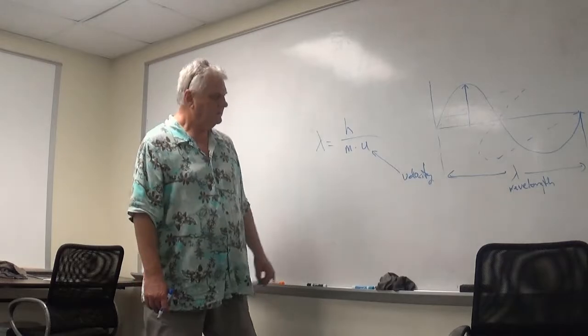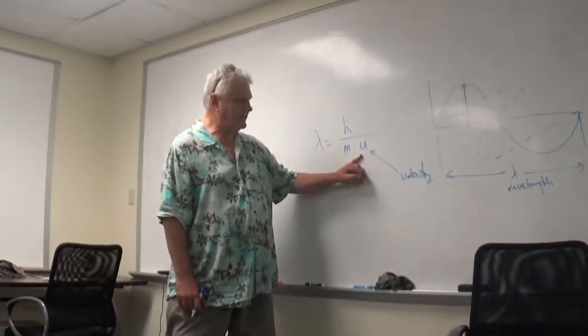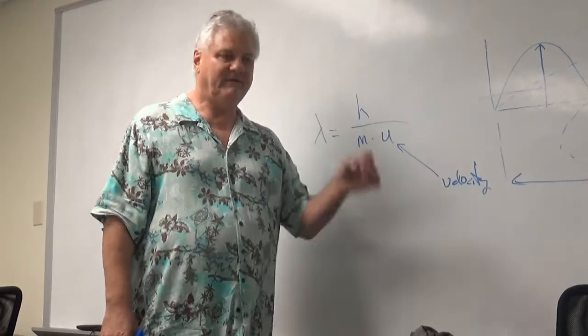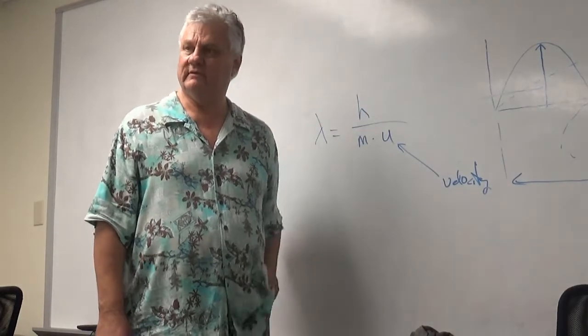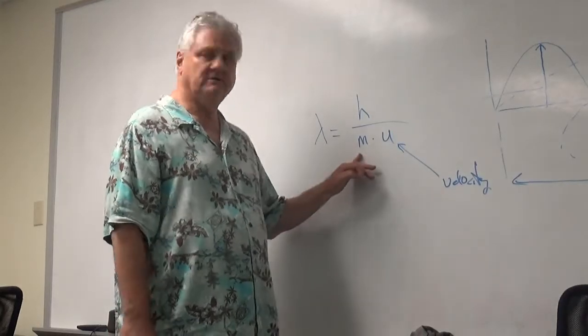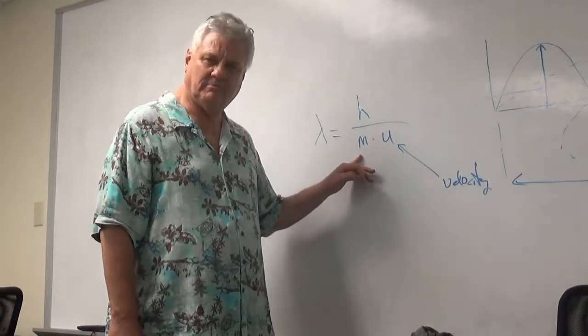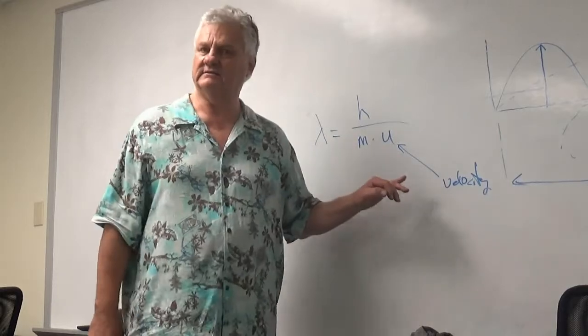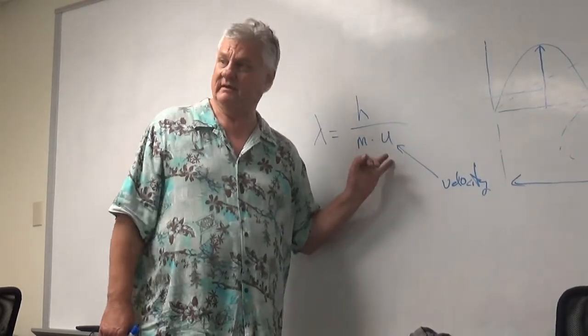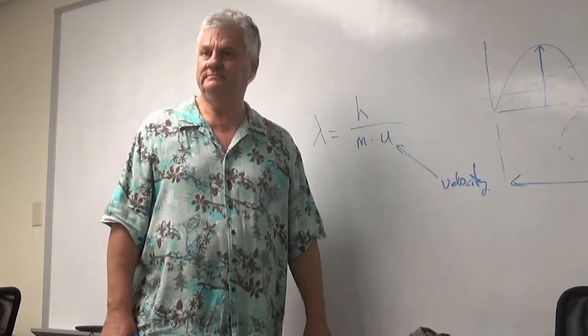And so here we have u for velocity, because you need to know that. How fast is the proton or electron traveling to determine its de Broglie wavelength? It's a function of the mass of the particle and its velocity. And this velocity is never going to be the speed of light. It's always going to be slower than that.